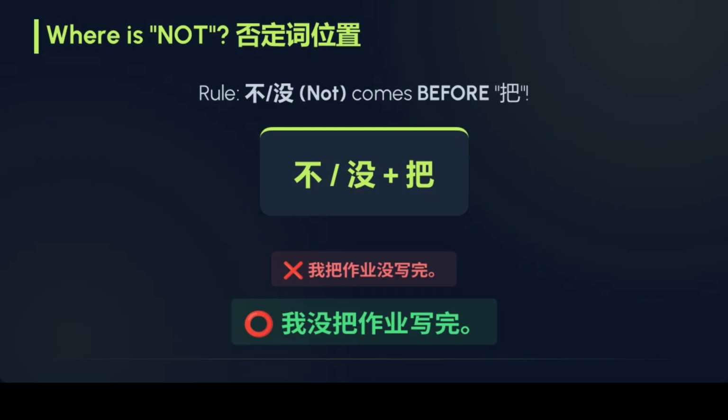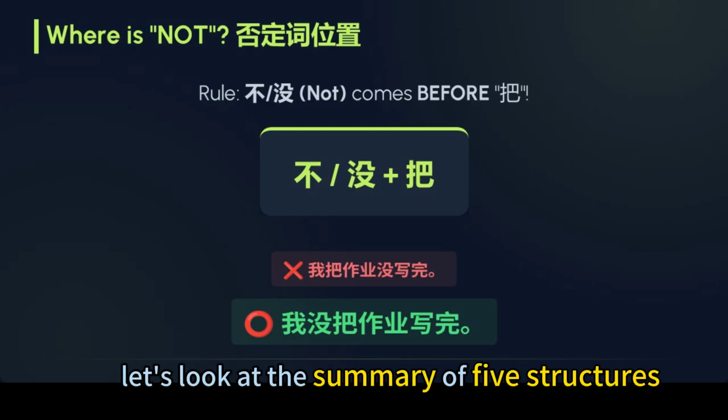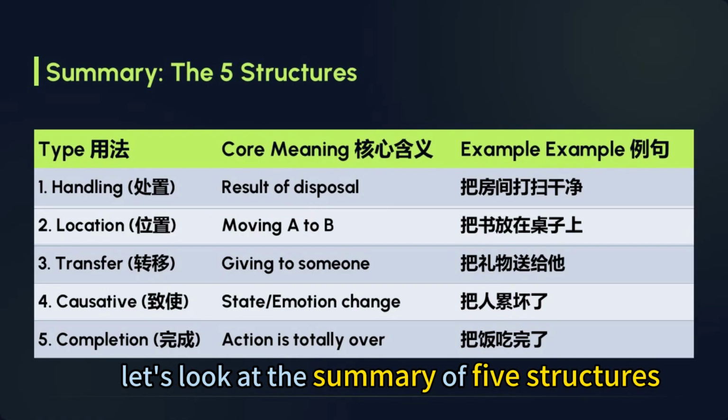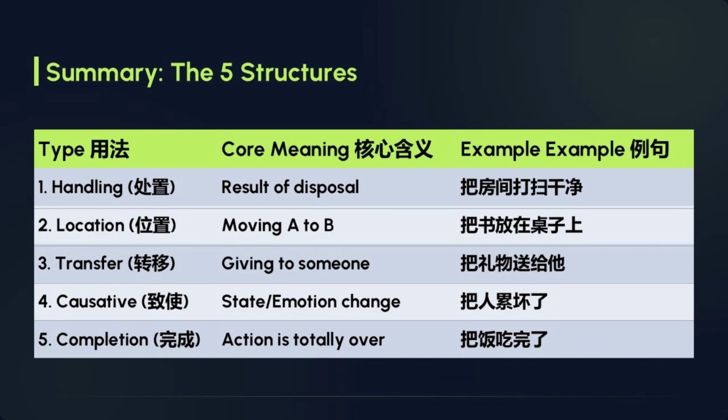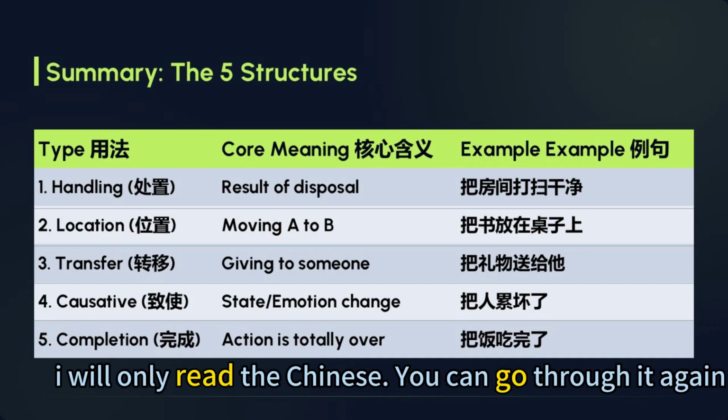Okay, let's look at the summary of the 5 structures. 5 types of 把 sentence. Now I will only read the Chinese.